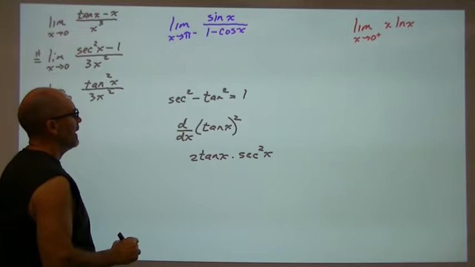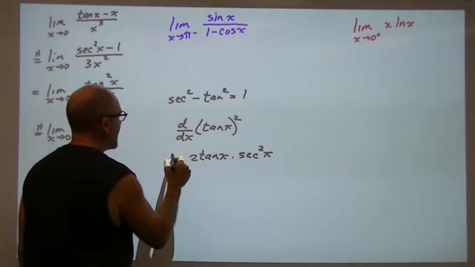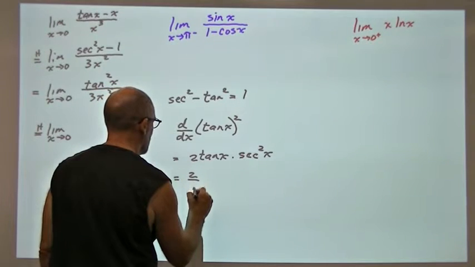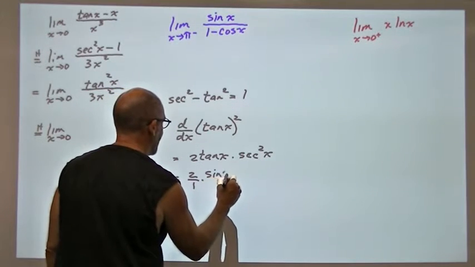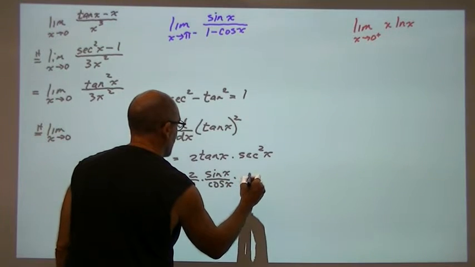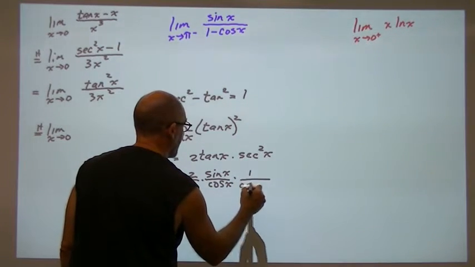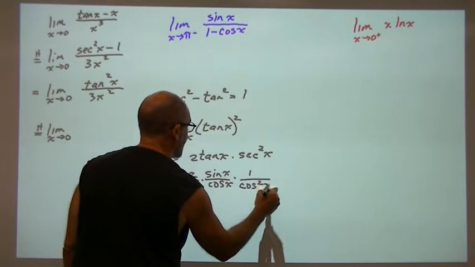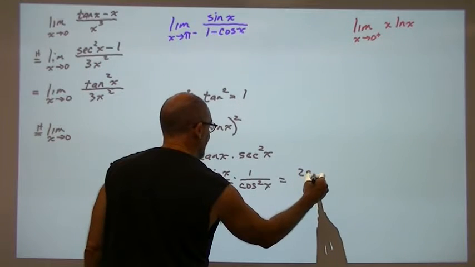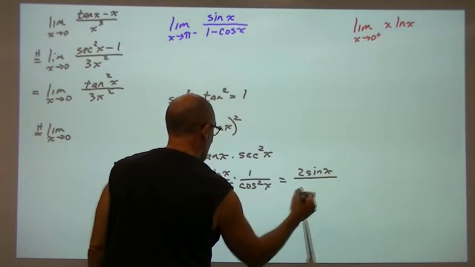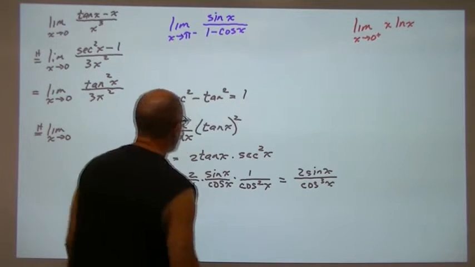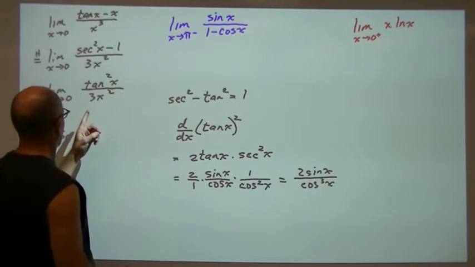And let's change this to 2 times sine x over cosine x times 1 over cosine squared x. So we have 2 sine x over cosine cubed x.